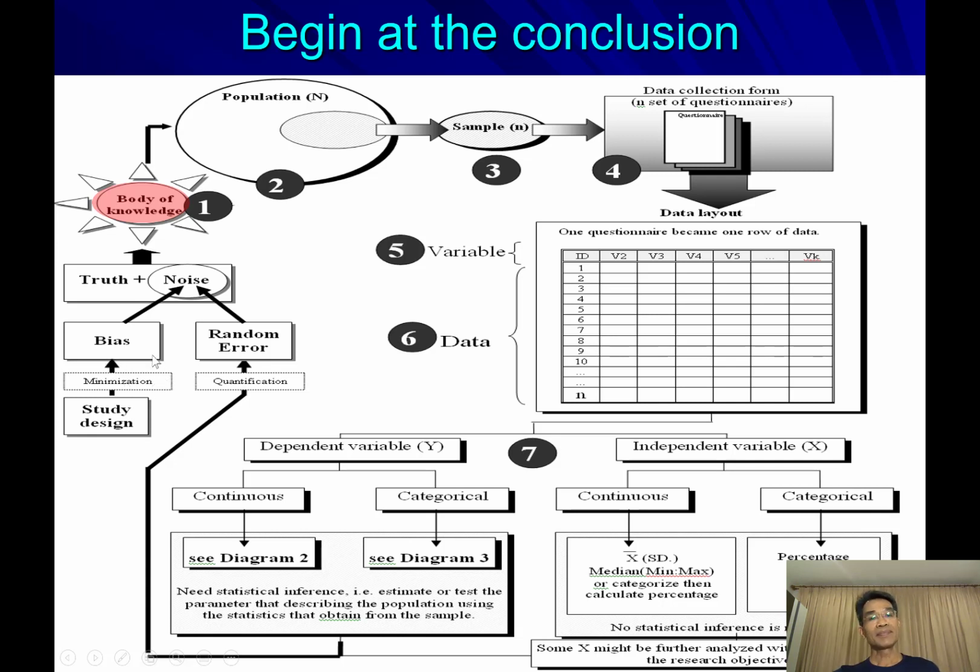So the noise is caused by two components, where the first one is the systematic error or bias, which we need to control, minimize, or prevent. But random error is nature. Things vary. We just quantify it.